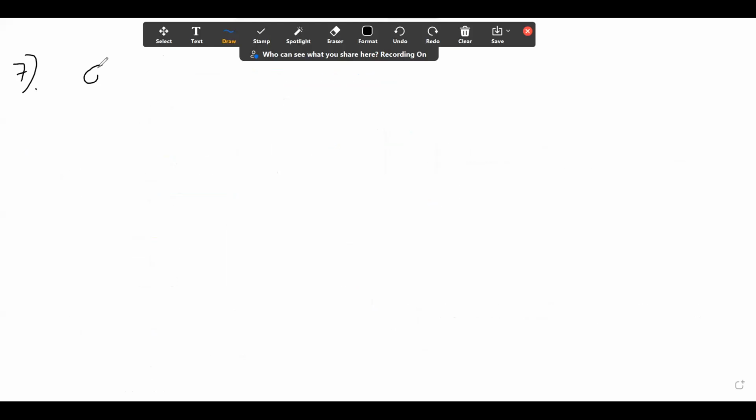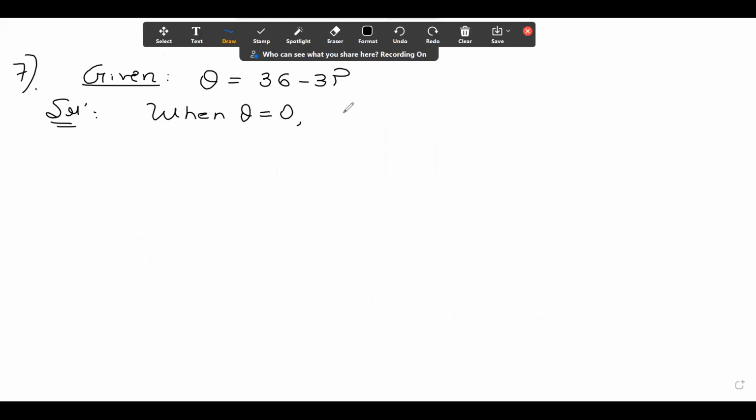Okay, so we are given the demand function 36 minus 3P, and we need to find out the maximum price. So I can write that when Q is equal to 0, P is theoretically maximum.